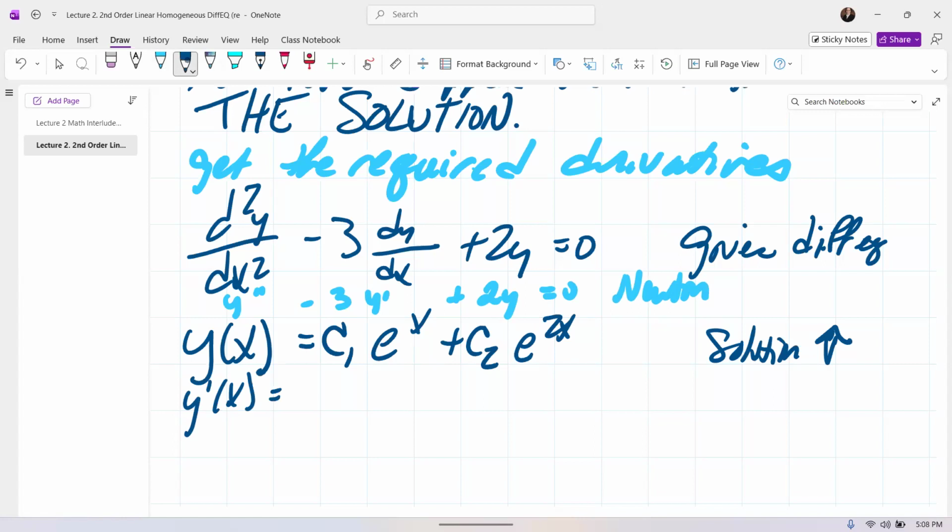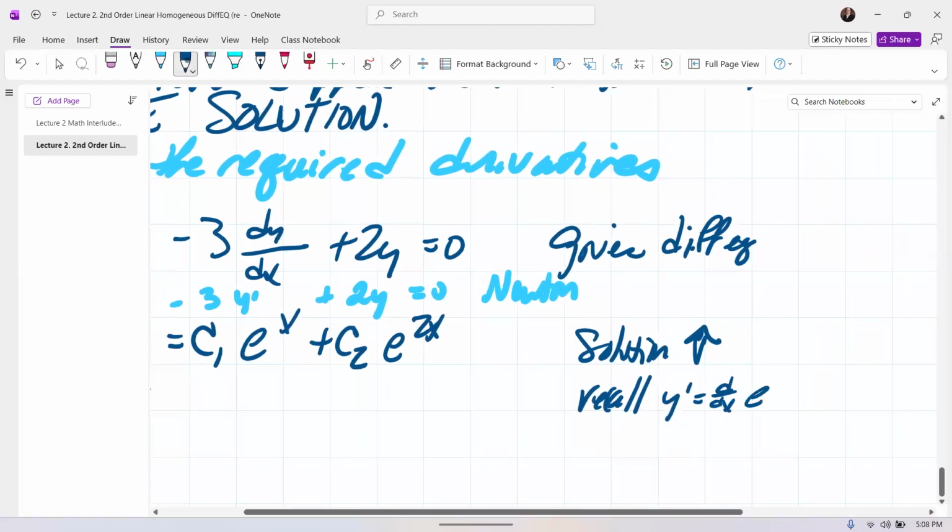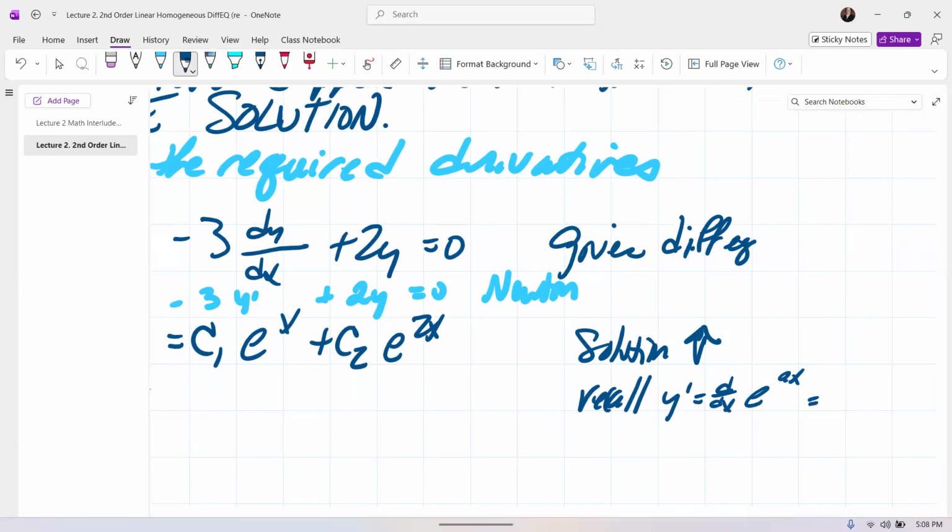So what we need to recall is that y prime equals d dx of e to the ax, which is equal to, how do you do this? What you do is you take this number here and you bring it down, right?